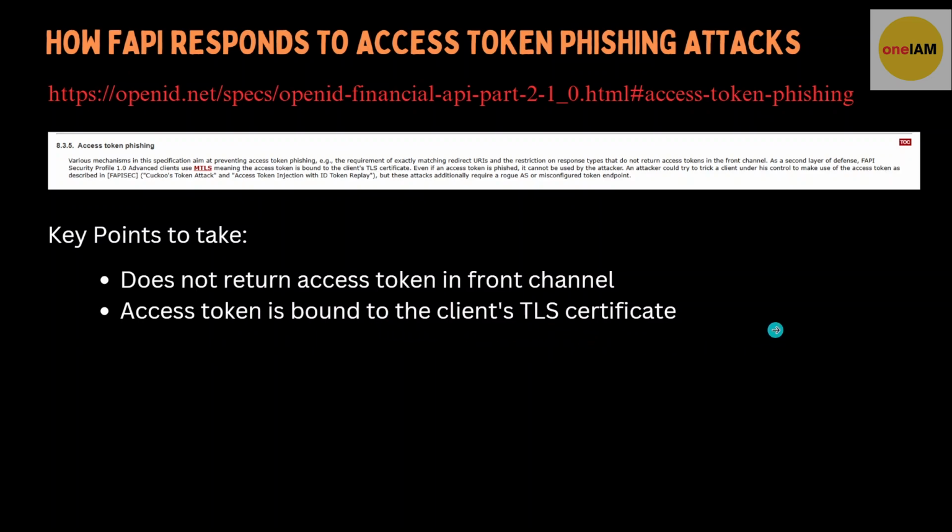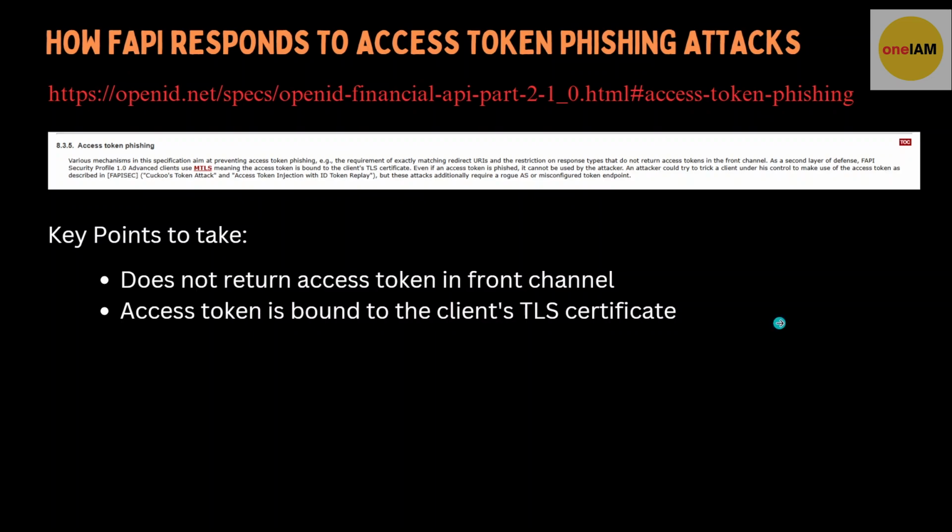What this means is, as we all know, in OAuth 2.0 implementations we talk about bearer tokens. Bearer tokens mean that anyone with the bearer token, without proving the client's identity, can call the resource server and request the desired resources, right?